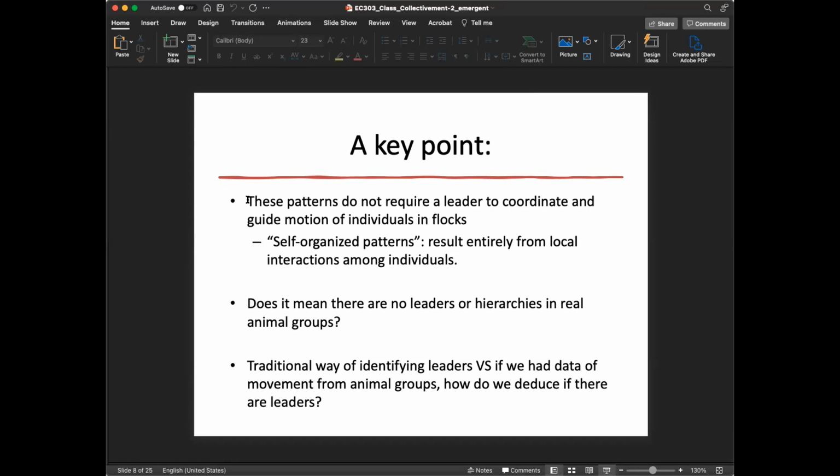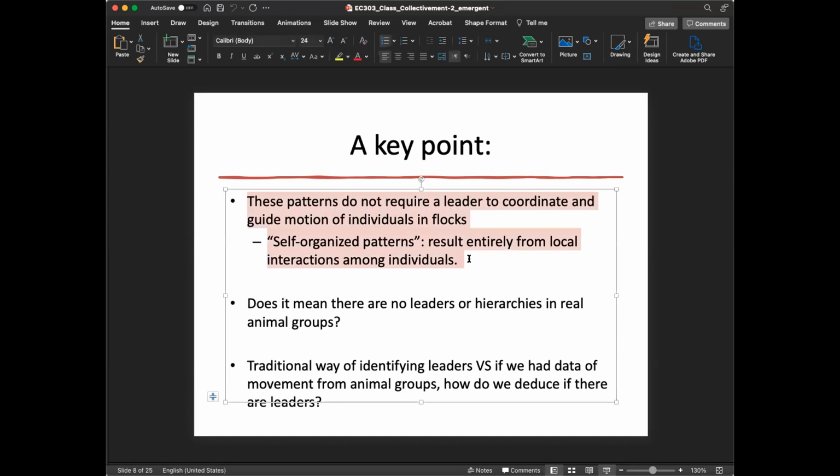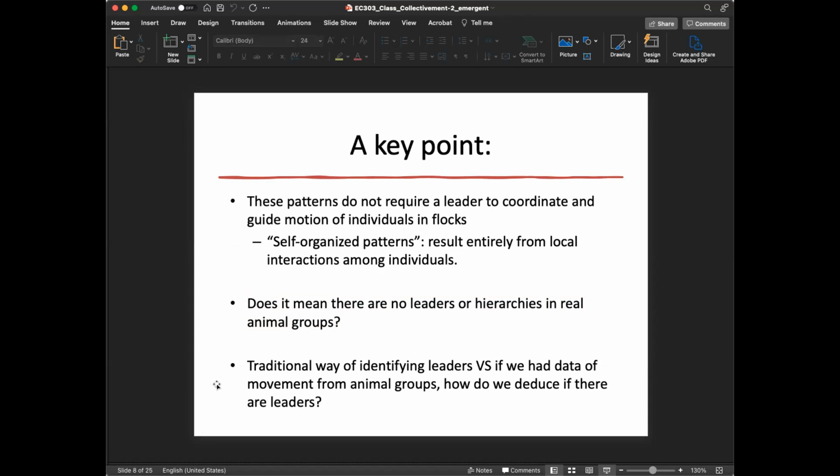Now, however, just because this is true in models does not mean that in the real world there are no leaders. It is still a valid question to ask: does it mean that in real animal groups there are no leaders, or is it that we just don't need leaders to achieve these kinds of patterns?